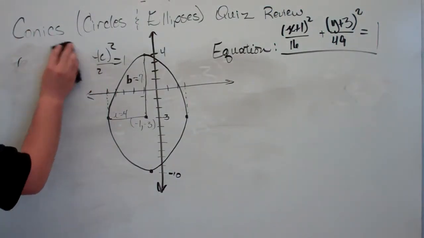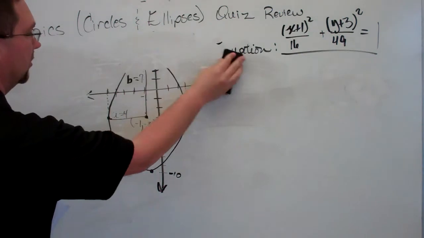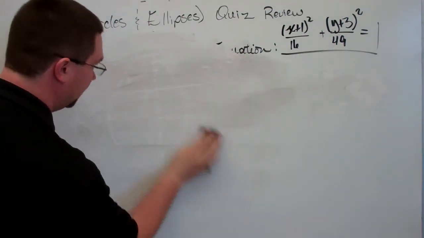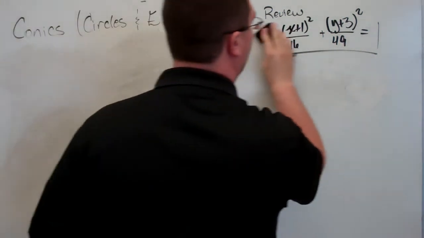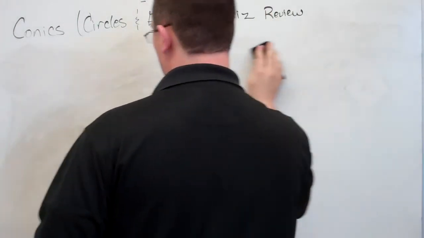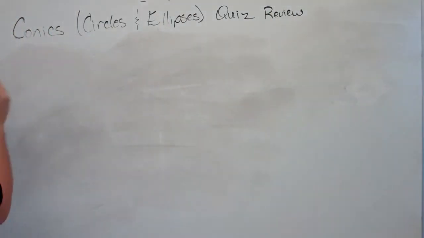Alright, last one, number 6. It says, identify the coordinates of the 2 focus points and the eccentricity.